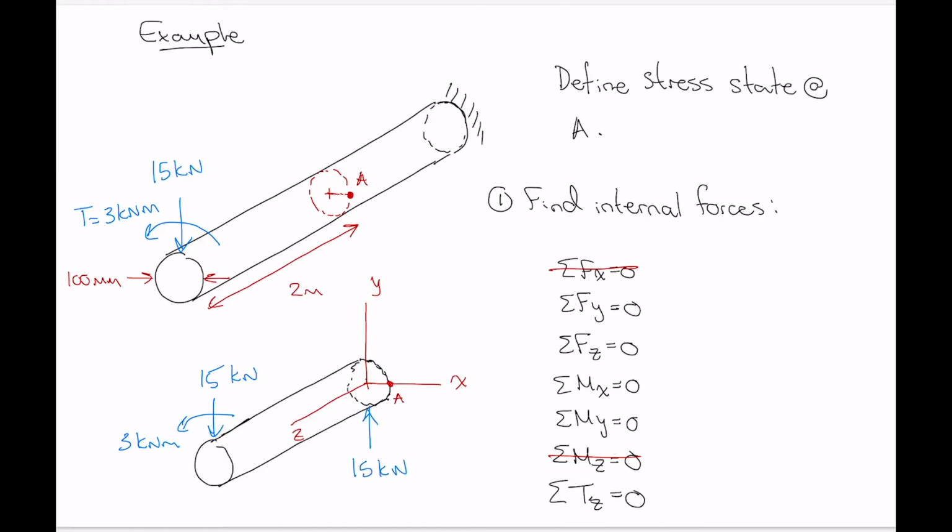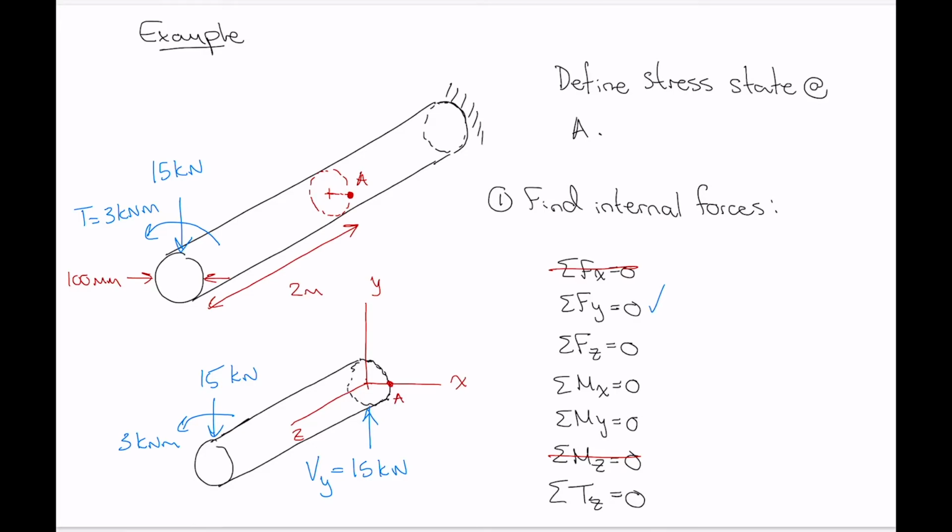Now that force that I've just drawn is an internal force. It's parallel to the cut section, or the section plane, that we've made. So it's a shear force. And because it's an internal shear force and it's in the y direction, I'm going to label it V subscript y for the internal shear force along the y-axis. Okay, so we've done that one.